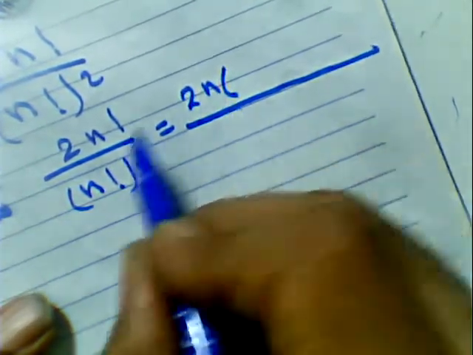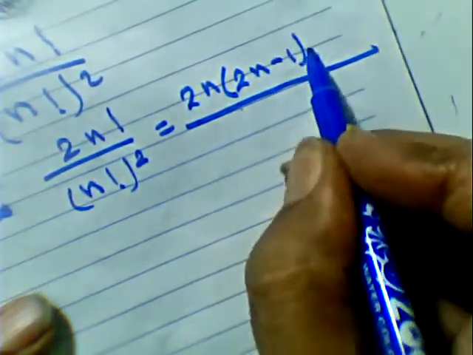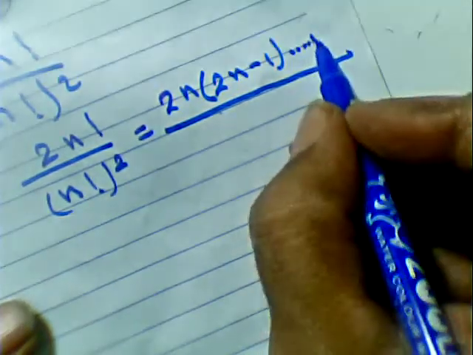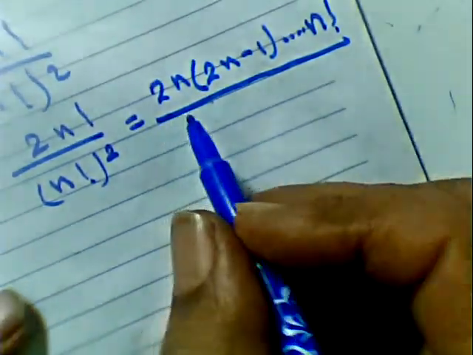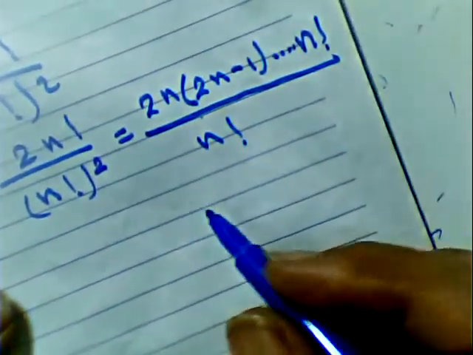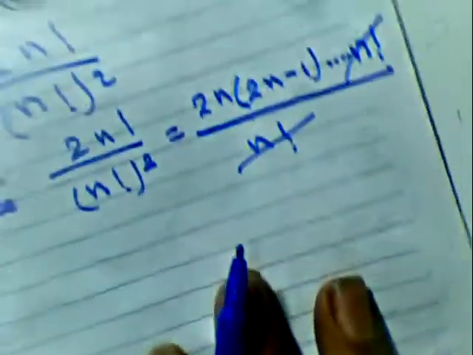we expand factorial 2n as 2n, 2n minus 1, 2n minus 2, down to n plus 1, times factorial n, and the other factorial n. Then factorial n cancels with factorial n.